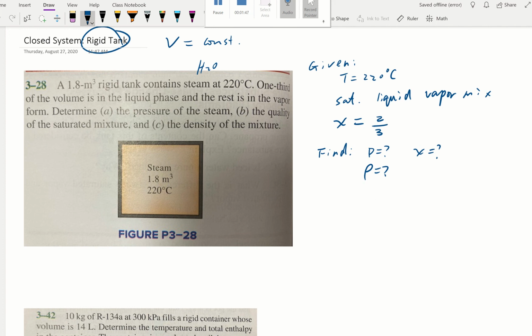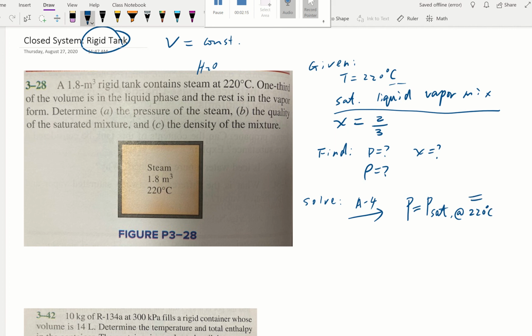So this is actually quite straightforward, because we already know the phase, and we know the temperature and the quality. To solve it, since you know the temperature, we're just going to go to the temperature table, which is table A4 for water. Then find 220 degrees Celsius. What's going to be the pressure? Since it's saturated, it's going to be the saturated pressure at 220 degrees Celsius.